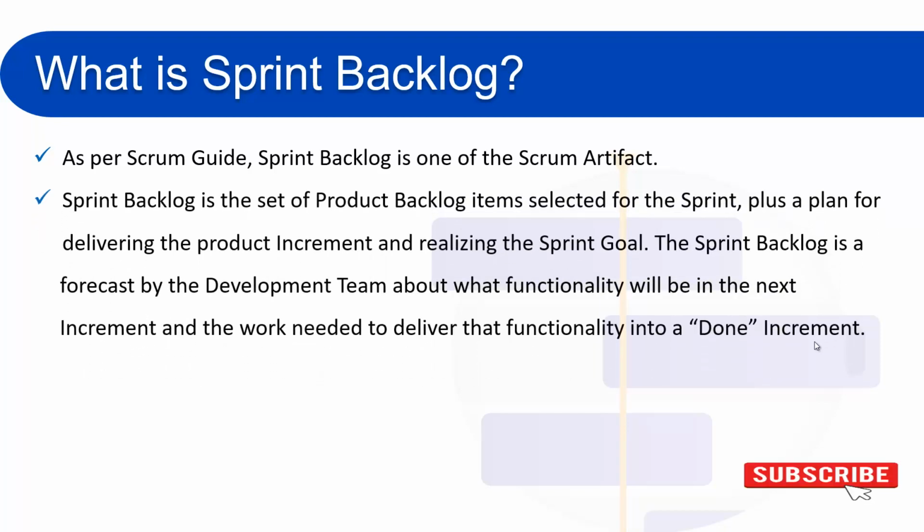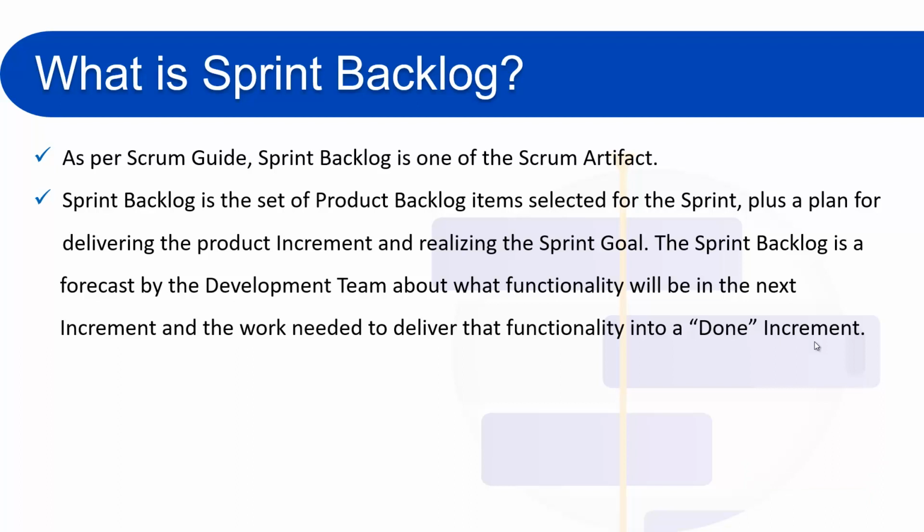As per the Scrum guide, the sprint backlog is a set of the product backlog items selected for the sprint plus a plan for delivering the product increment and realizing the sprint goal. A sprint goal means an objective that you keep in your mind and you have to achieve within that sprint.